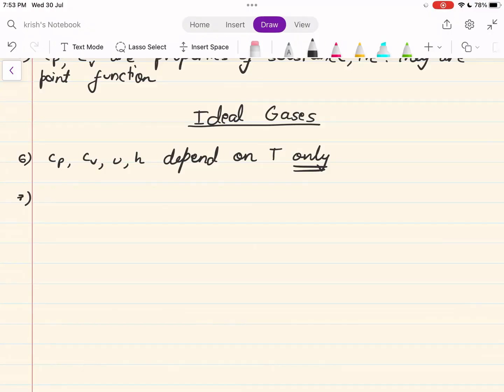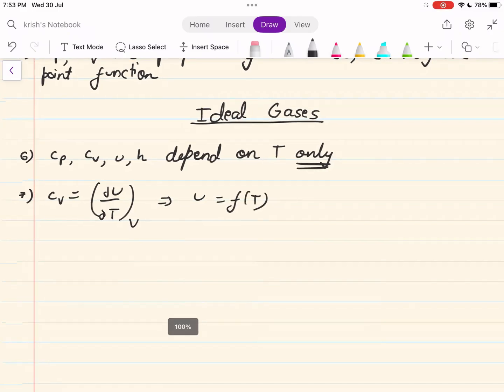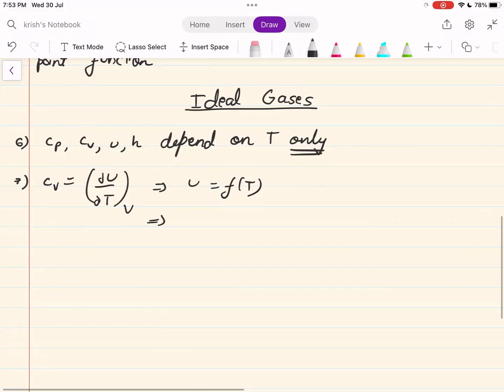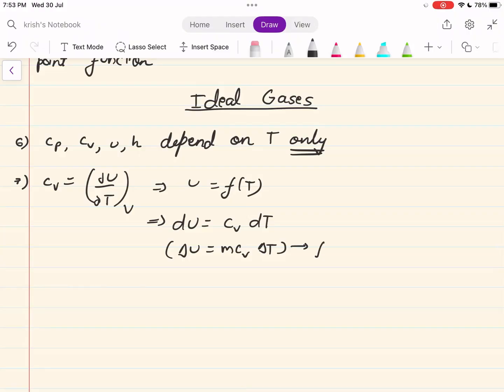As Cv equals del U by del T at constant volume, we can say U is a function of temperature only, and dU equals Cv dT, or delta U equals mCv delta T. Now this is for constant Cv.